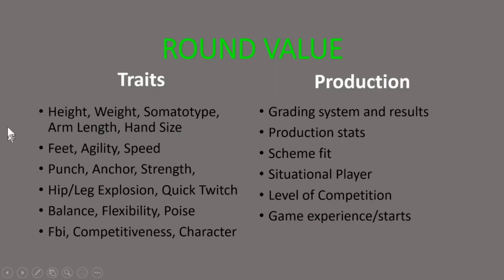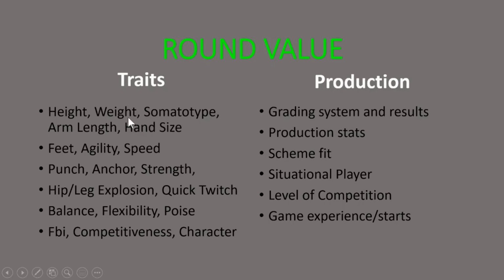So this is what we did. We talked about all these different traits, and this course is going to go over all these traits and how you grade all these different things. All right, and then we're going to go over the production part, and then we're going to put it on the scale and we're going to see the balance. And if a guy has all the traits with high numbers and all the production with high numbers, well, he's obviously a first-round pick. Those are easy.